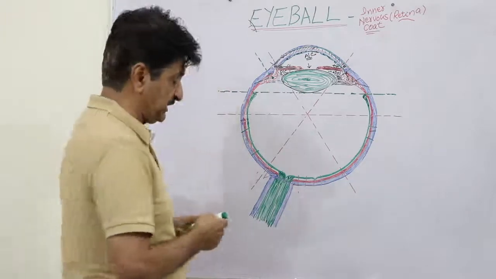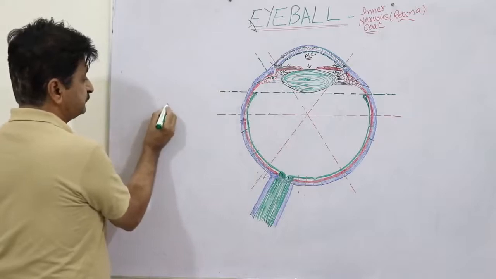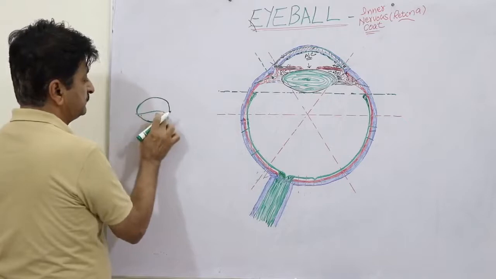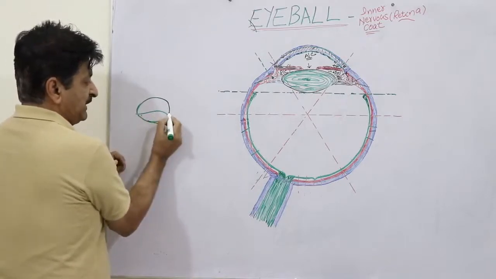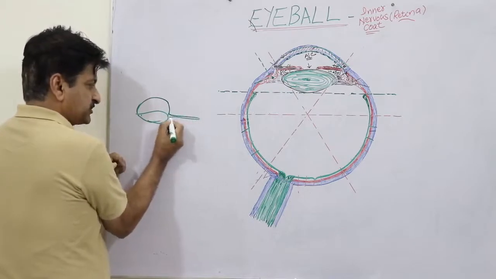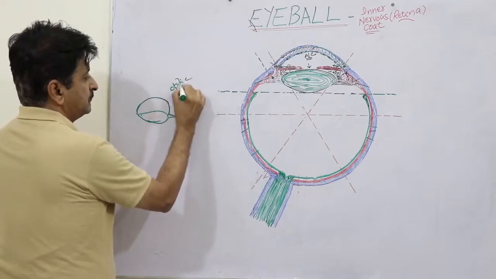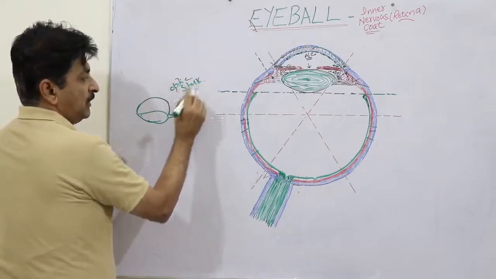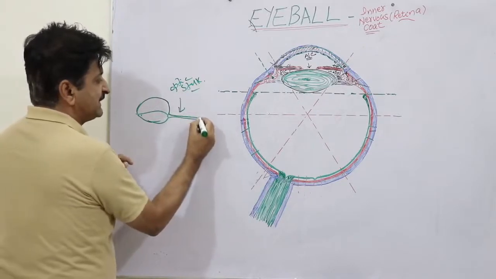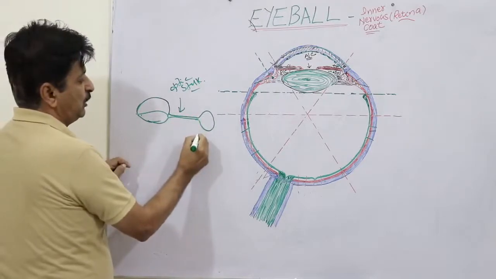You can say this is the brain, the forebrain. From the forebrain, there will be an extension like a stalk, called the optic stalk. Terminally, at the most distal portion, it bulges like this. You call it the optic vesicle.